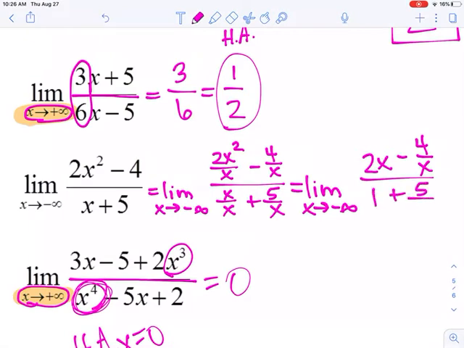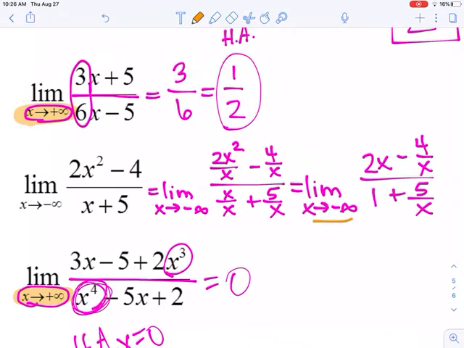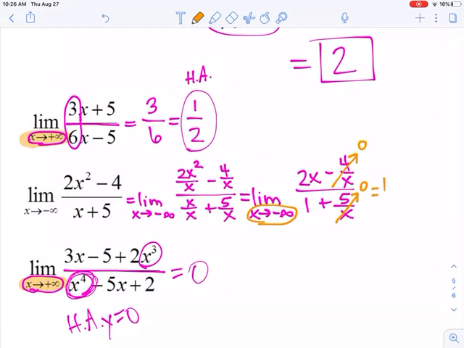So what happens? We get (2x minus 4 over x) over (1 plus 5 over x). We know that towards infinity, 4 over x is going to go to 0, because a constant over x, going towards infinity, goes to 0.